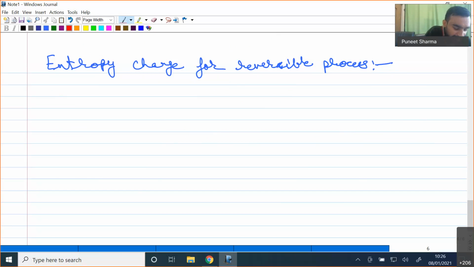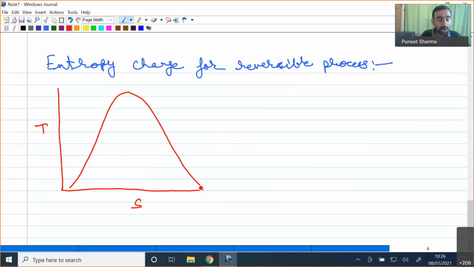As an example, I am considering a reversible adiabatic cycle, so the reversible Carnot cycle. Let me plot the reversible Carnot cycle on a temperature-entropy diagram.